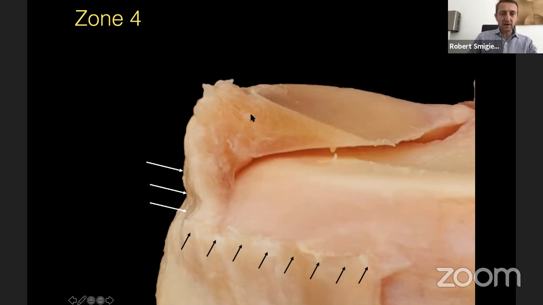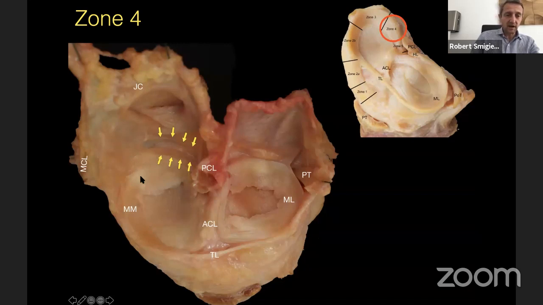The blood supply to this part of the meniscus goes through this small meniscotibial ligament. That's why this part is very hypovascular. When we look at zone 4, it's the most degenerated part of the medial meniscus, in my opinion, because of the very bad vascularization.